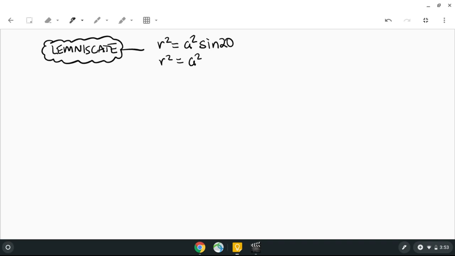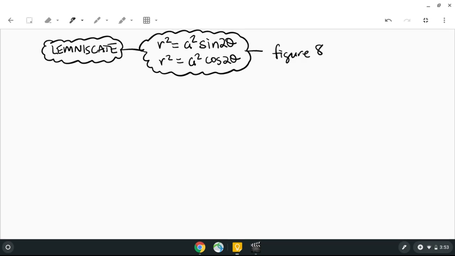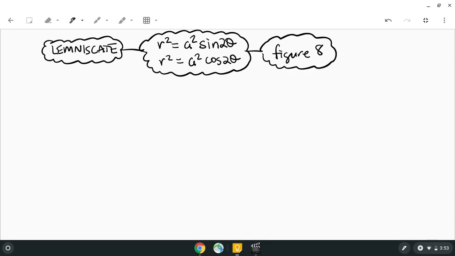And then we also have it for the cosine. The lemniscate is a figure 8 when you graph it. So think of an ice skater skating a figure 8. Lemniscate, figure 8.